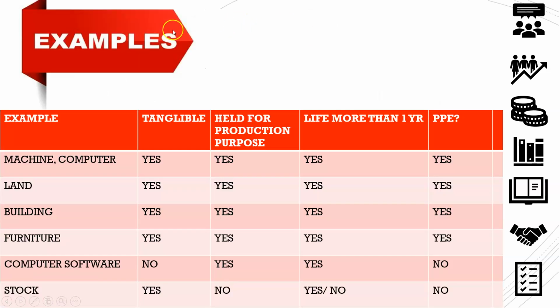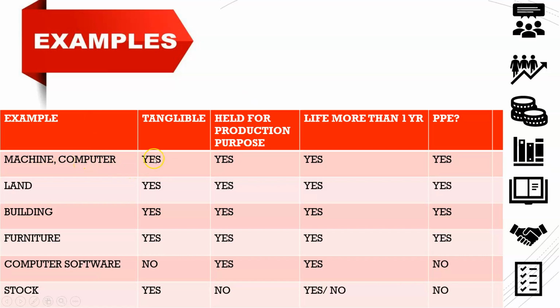Here we are going to see examples for categorizing an asset, whether it is property, plant or equipment or not. From the definition, we drew three conclusions: it should be a tangible asset, held for production purposes, and its life should be more than 1 year. That means we keep that asset in the business for more than 1 year. Machine or computer: it is tangible, meaning it can be touched and seen.